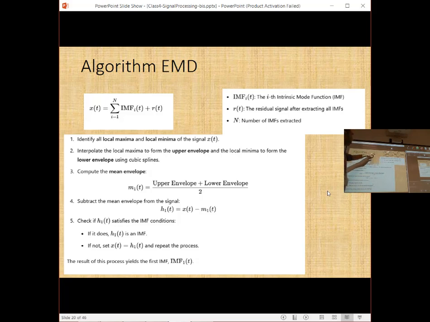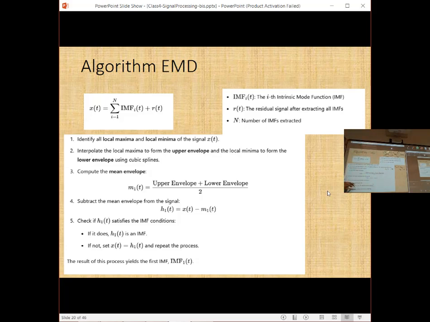So what do I do? I take x up plus x low, and I divide by 2. I subtract the mean envelope from the signal. That is, I call x the signal, and I do x of t minus this. And I call it h1.